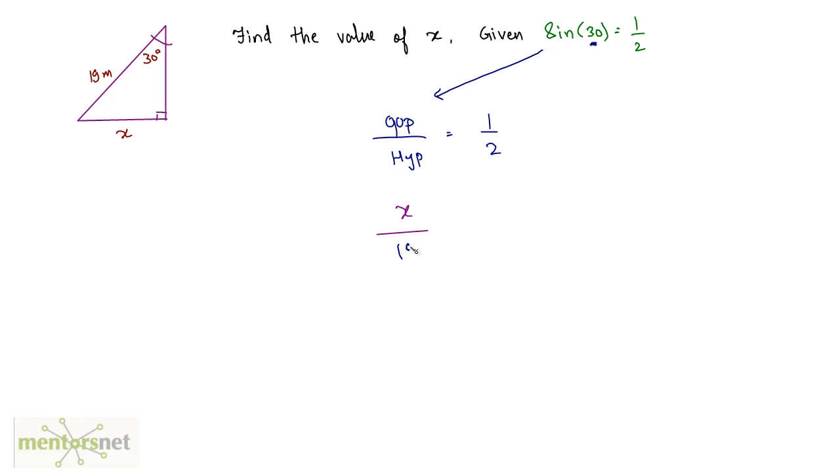So x divided by 19 is equal to 1 by 2. Now we can calculate the value of x from here. X is equal to 19 by 2. And what is 19 by 2? Well, it is 9.5. And the unit is meters, because this hypotenuse is given in meters. So 9.5 meters is the value of x.